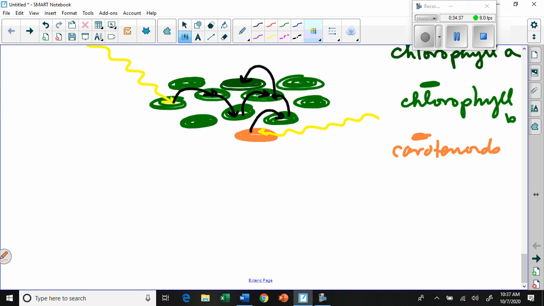And so all we need to understand is that these are all pigment molecules that can absorb light of different wavelengths. So the light is the yellow arrows coming in, and what happens is it hits the chlorophyll B and the carotenoids, and excites those electrons in various ways.